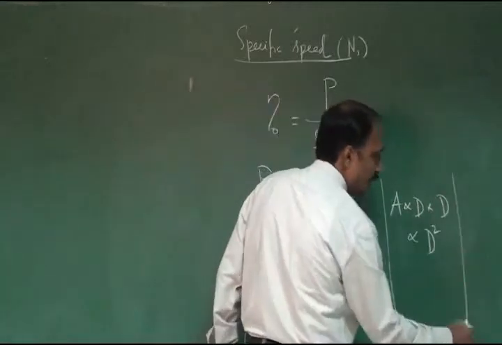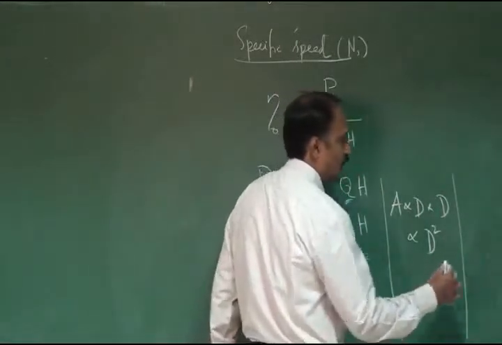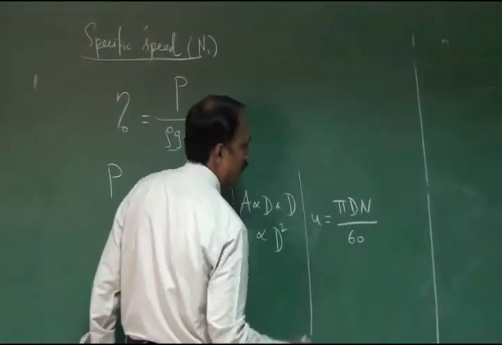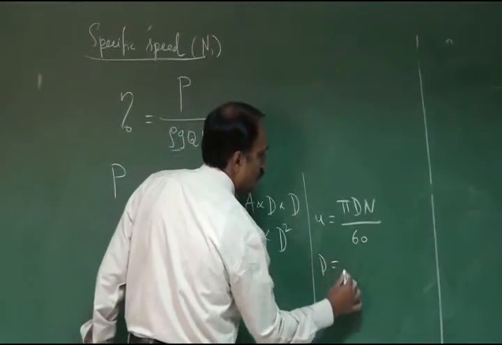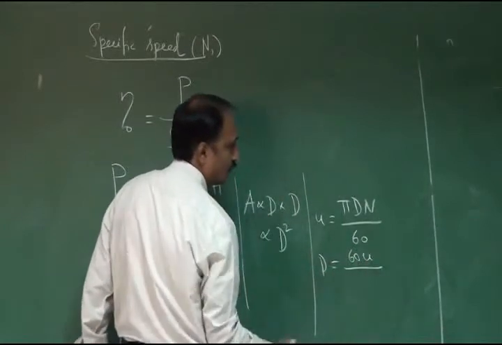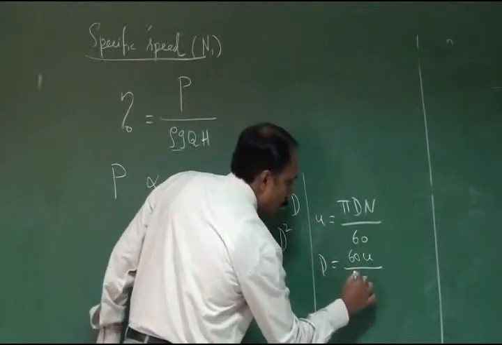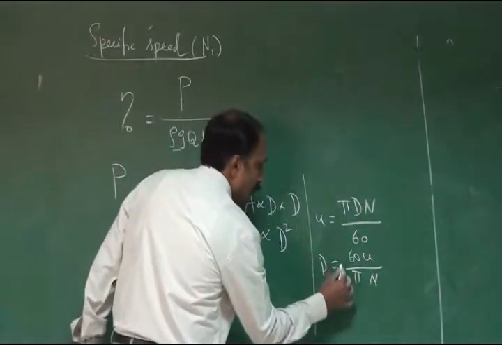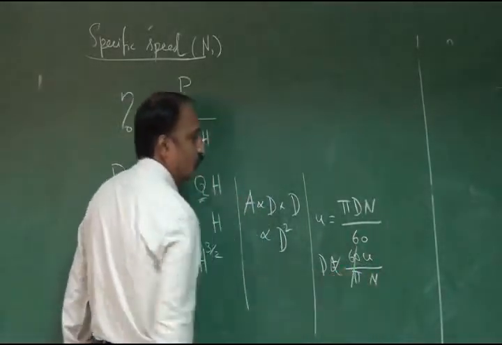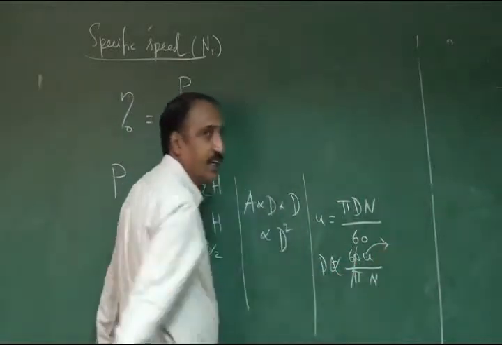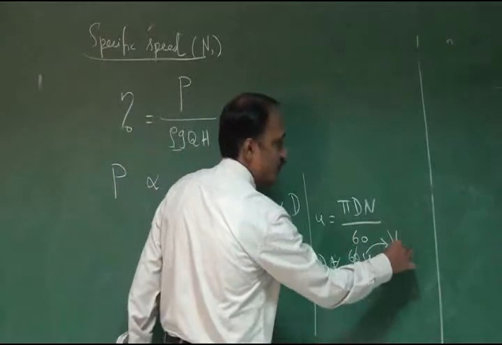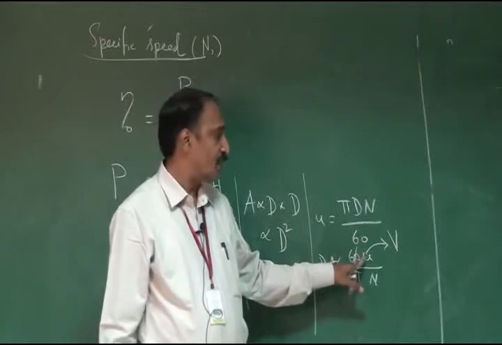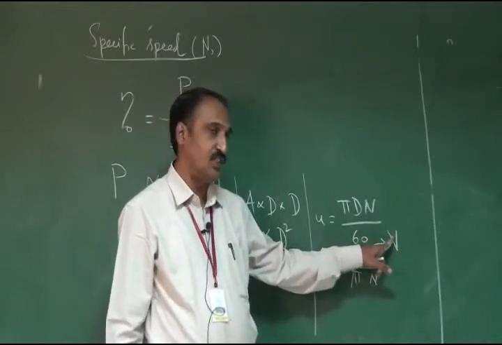Now, using the relation for tangential velocity, u is equal to pi D N by 60. From that, D is equal to 60u divided by pi N, so D is proportional to u by N. Again, we know that u, the tangential velocity of the bucket, is directly proportional to the absolute velocity of the jet.